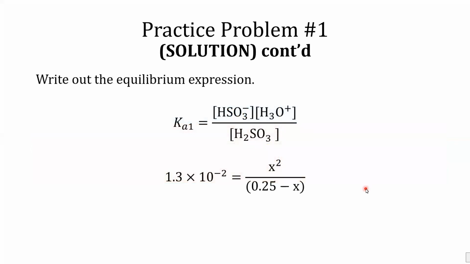Now, one writes out the equilibrium expression for Ka1, which equals the concentration of bisulfite ion times hydronium ion divided by the concentration of sulfurous acid. If one plugs in the numbers, 1.3 times 10 to the minus 2 equals x squared divided by (0.25 minus x).